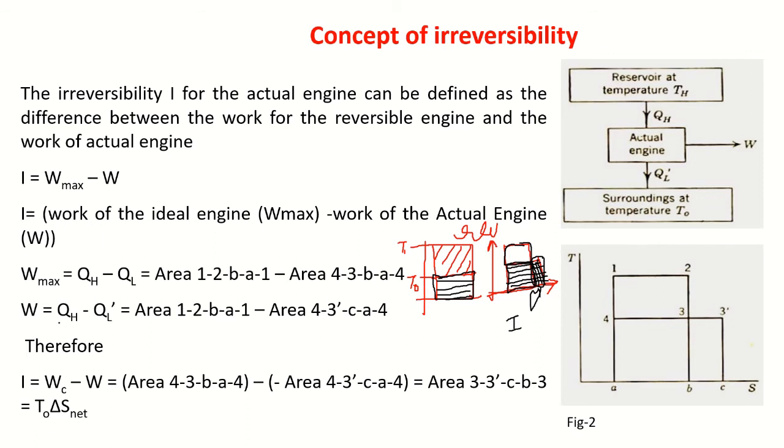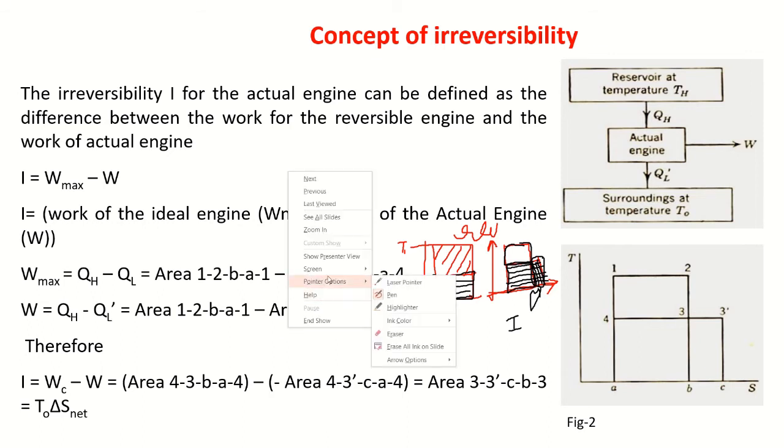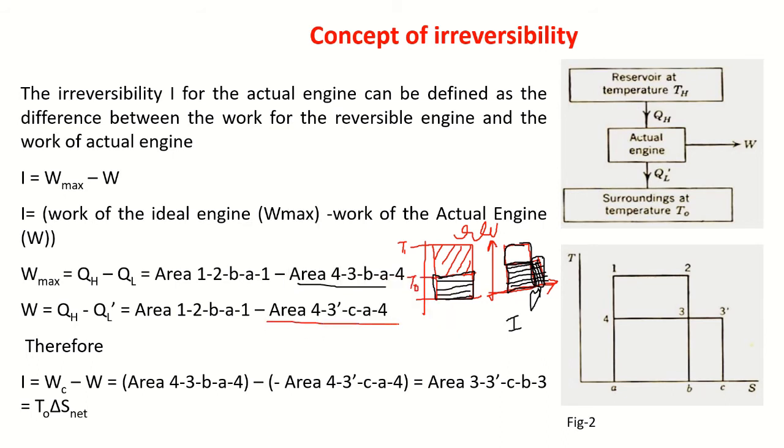Okay. W max is equal to QH minus QL, area 1 to B A 1 minus area 4 3 B A 4. W actual is QH minus QL dash. QL dash is area 4 3 dash C A 4 1. This is the heat rejected when the work done is maximum. This is the heat rejected when the work done is actual.